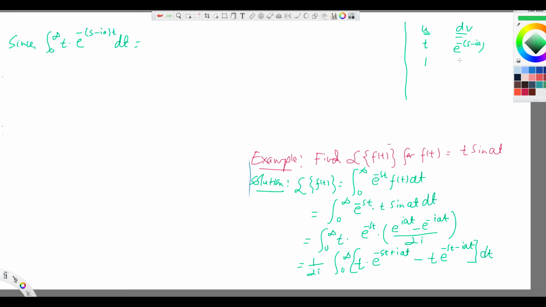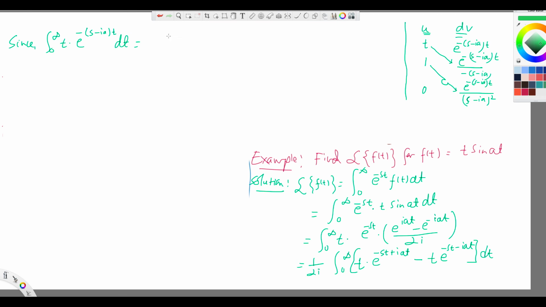If you find the antiderivative of dv, it is e to the negative (s minus ia)t over negative (s minus ia). And if you find the derivative of this, it is 0. The next antiderivative will become e to the negative (s minus ia)t over (s minus ia) squared. You see that? Now what you do next is you multiply this positive and you multiply this one negative, right? Negative multiplication and positive multiplication.